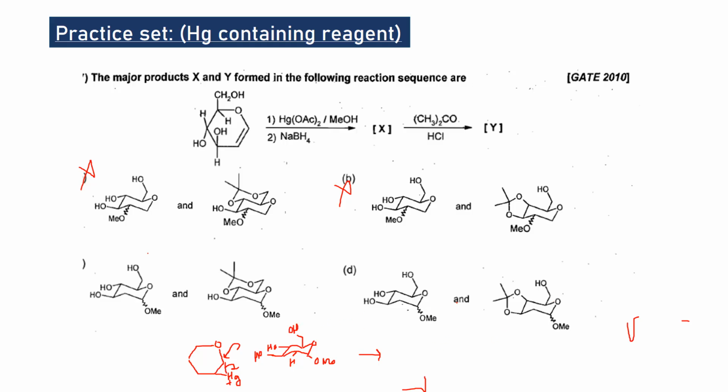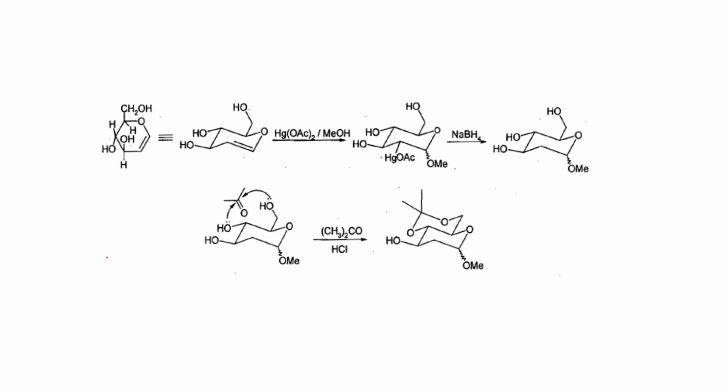If you attack here, there will be formation of 5-member ring. But if these two OH react, it will be a formation of 6-member ring. So the correct option is option C. It will be simple, just ketal formation, like an aldehyde protection type of reaction. Okay. So this is your answer. Just note it down.